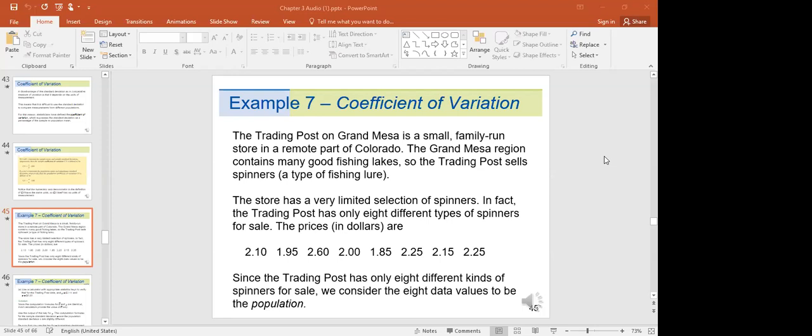Now on L1, you will enter these values: 2.1, 1.95, 2.6, 2, 1.85, 2.25, 2.15, 2.25. So you enter these values into your calculator.